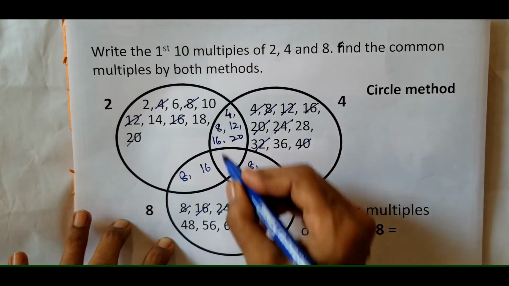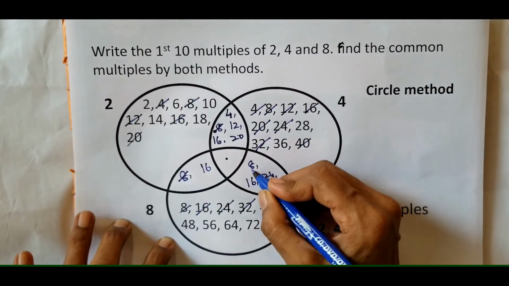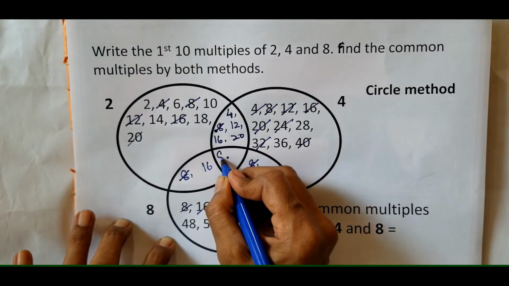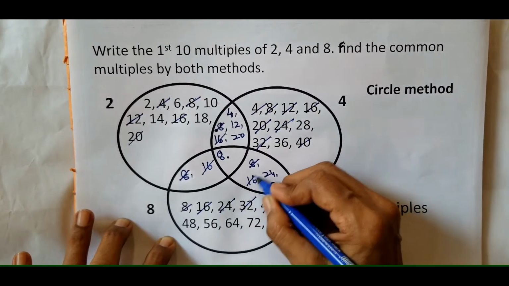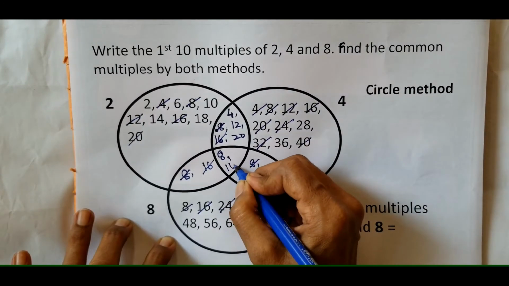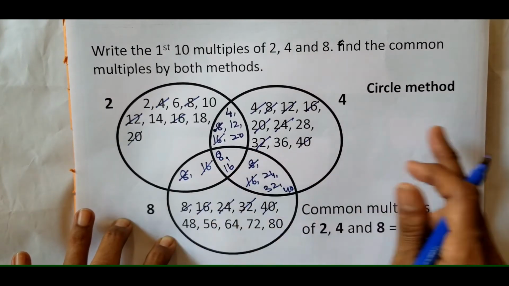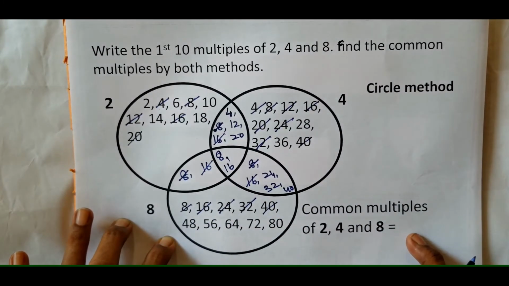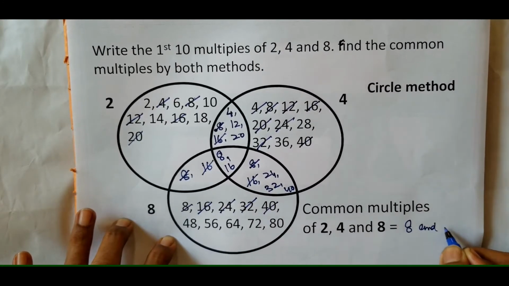Here let us see now. 8 is common in all the three. Write 8 here. Then 16 is common in all the three. Write 16 here. Any more common multiples? No. So the common multiples of 2, 4 and 8 are 8 and 16.